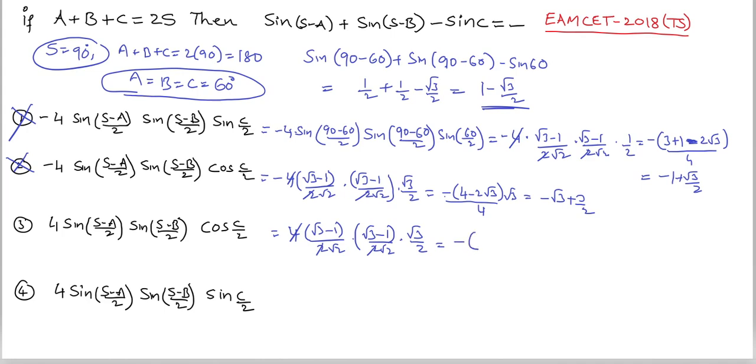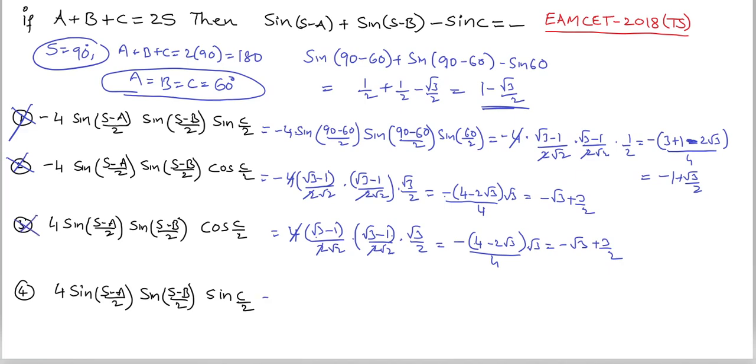That is equal to minus of (root 3 minus 1) into (root 3 minus 1), that is (root 3 minus 1) whole square, that is 4 minus 2 root 3 by root 2 into root 2, 2 into 2 is 4, into root 3. That is equal to minus 4 root 3 by 4, that is minus root 3 plus 2 root 3 into root 3 by 4, that is 2 into 3 is 6 by 4, that is 3 by 2. This is also not equal to the given problem.